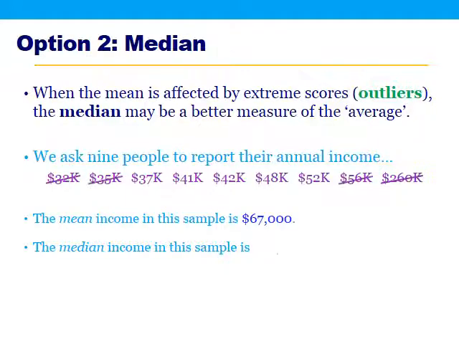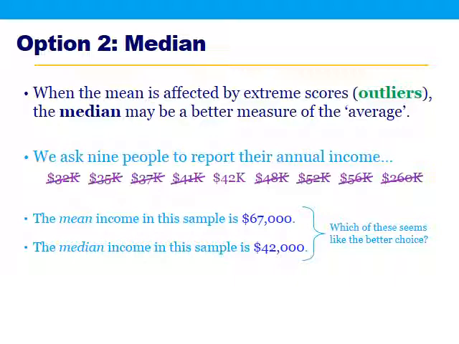And then we're just going to keep doing that, crossing out the lowest score, crossing out the highest score, until we're left with just one score in the middle. In this case, the median income of these 9 people would be $42,000. Half of the sample makes more money than that. Half of the sample makes less money than that. And again, you could argue that the median in this case is a more accurate representation of what the typical person's income actually is.